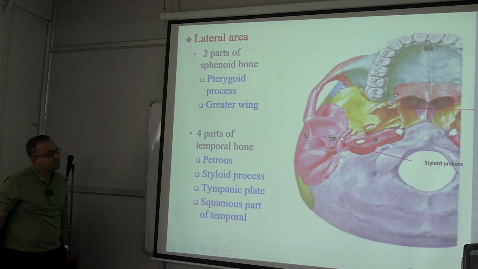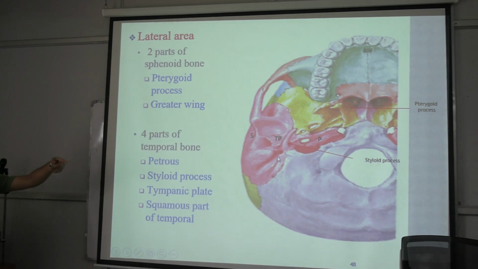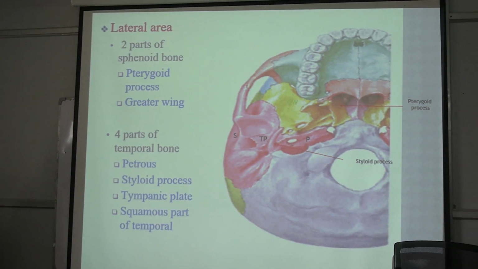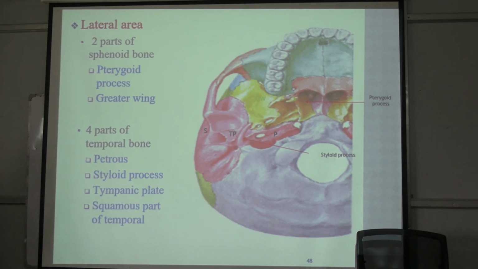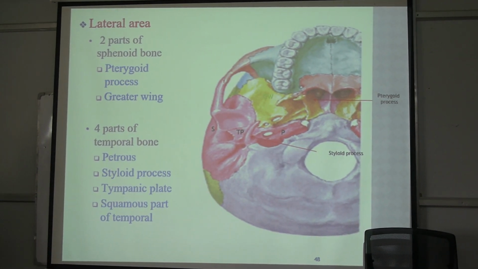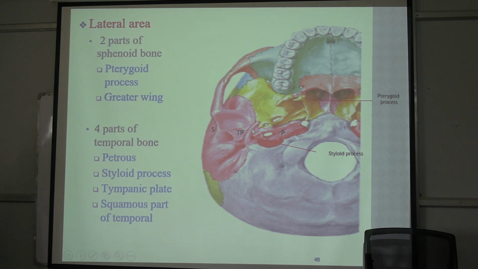And a little bit on the lateral side, we have the styloid process, mastoid process, stylomastoid foramen. These are things we have already covered in this region, and the carotid canal or opening of the carotid artery which is present in this region. These are the things leading to the foramens which are present.